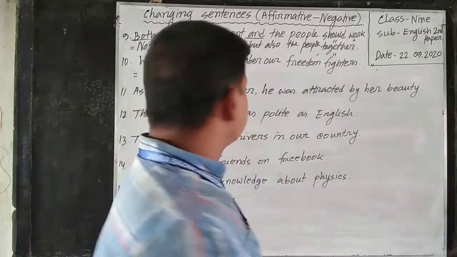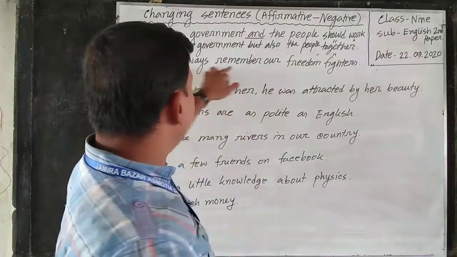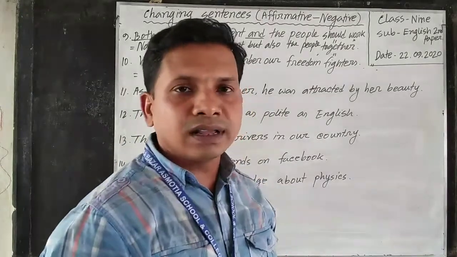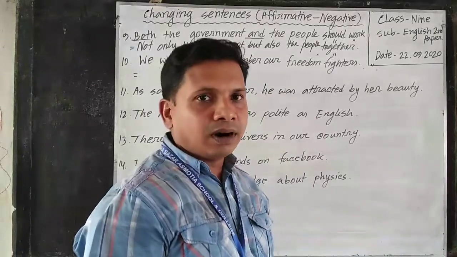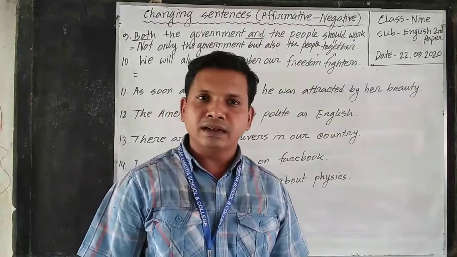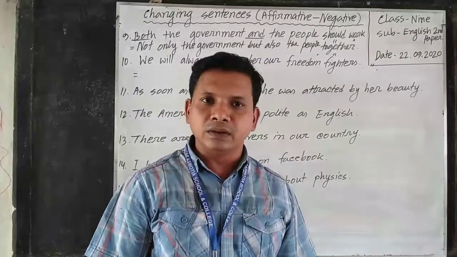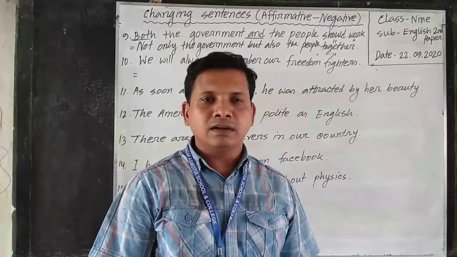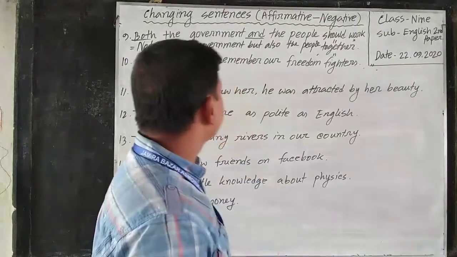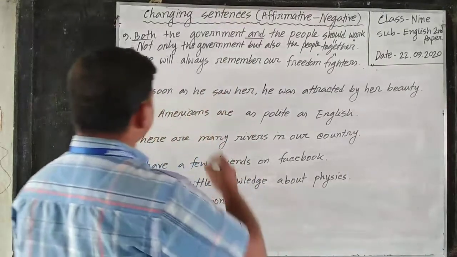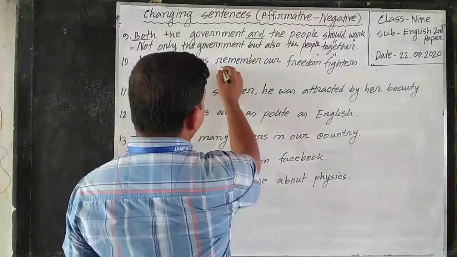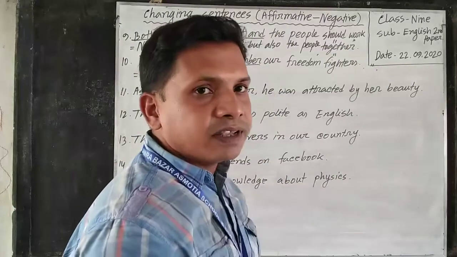So dear students, now the next sentence. We will always remember our freedom fighters. Here the affirmative sentence contains the word always. We know instead of always we will use never. Here you have to change another thing, that is the keyword. We will use never instead of always and the opposite word of the keyword.